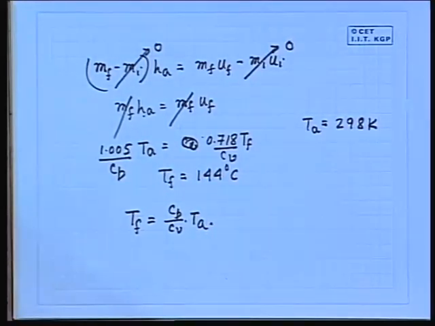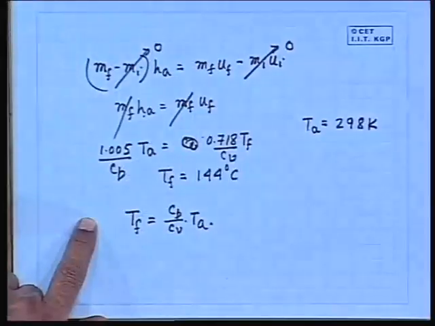For air we know this is 1.41. So, if the ambient temperature is 25 degrees Celsius, the inside temperature will be 1.41 into 298. So, it is the ratio of specific heats which will be multiplied with the air temperature to get the final temperature of the evacuated bottle. This is the thumb rule.